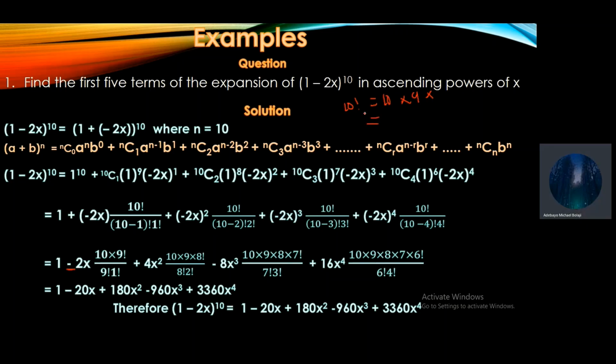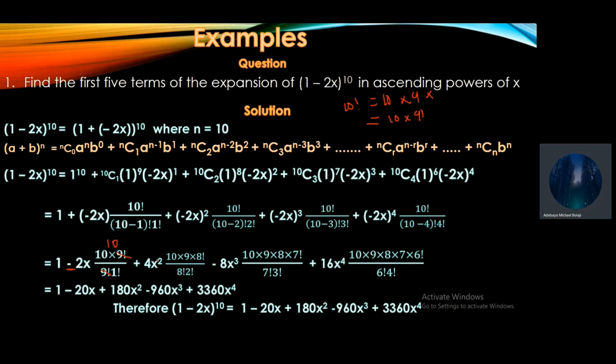So we can represent this to be 10 times 9 factorial. What is 9 factorial? 9 times 8 times 7 times 6. So that's why we have 10 times 9 factorial. So you see, this 9 factorial cancels this 9 factorial. And of course, 1 factorial is 1. So 10 divided by 1 is equal to 10. Is that okay? So in this case, our answer is equal to 10.